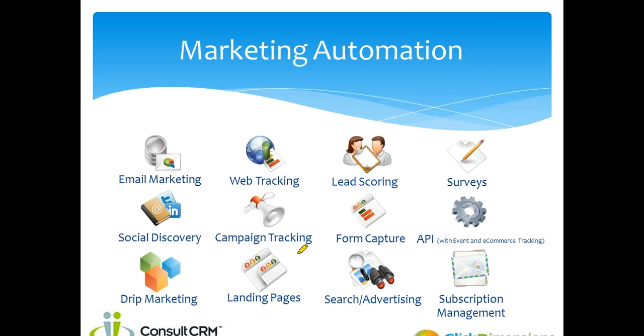Really be able to tie things like forms on your website into your CRM and be able to understand where your search and online advertising efforts are paying off. So it's a suite of functionality that marketers can use to really enable and empower their entire marketing process.